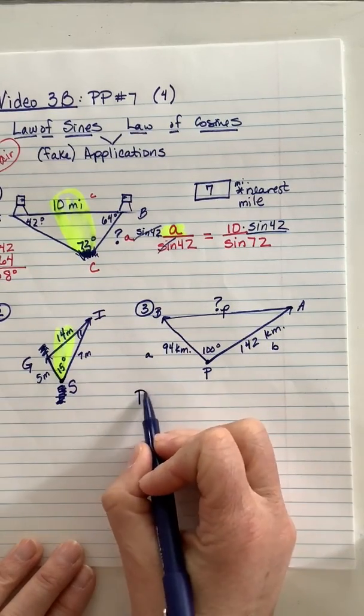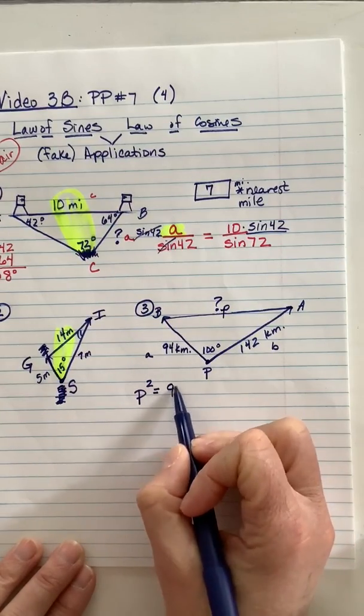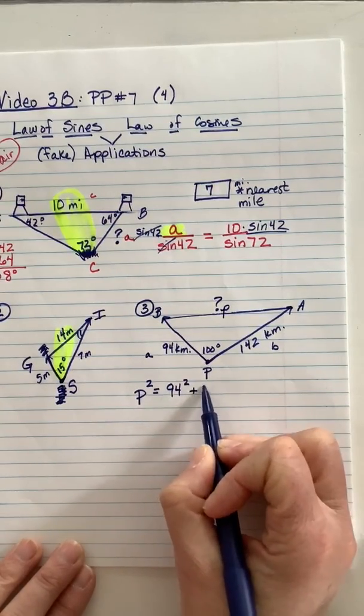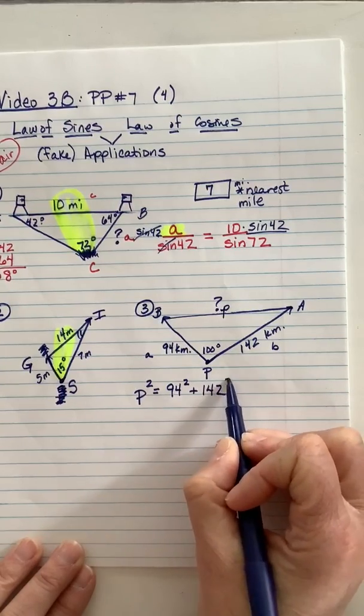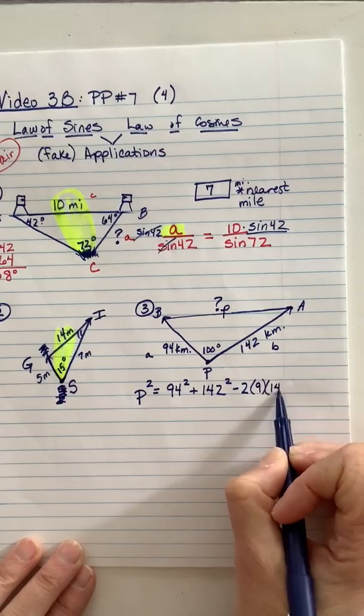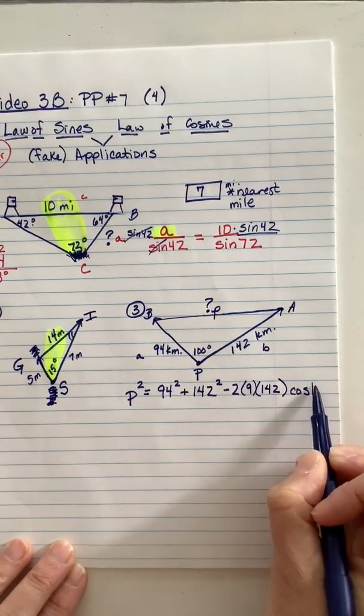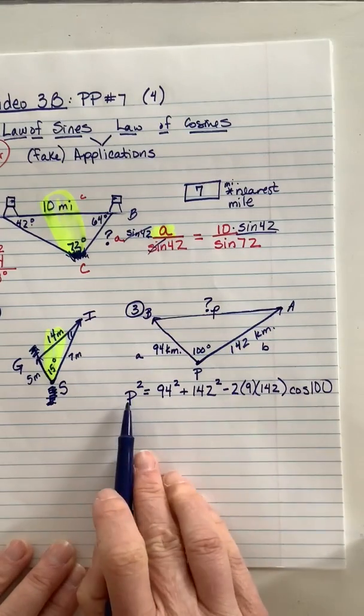So on this one, I can set up p squared equals 94 squared. This is that long train where I've got all the riders, says Mr. Foster. And I'm missing that side.